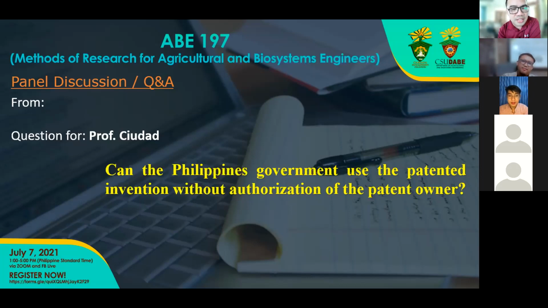So basically that is not allowed. By law there are specific terms on when exactly the government is allowed to use the patented technology: national security, health reasons, public emergencies, to address the situation, for the public good as well. Those are the exemptions.